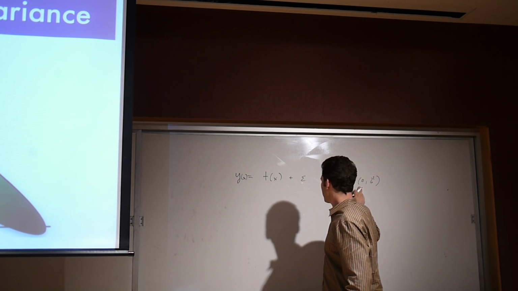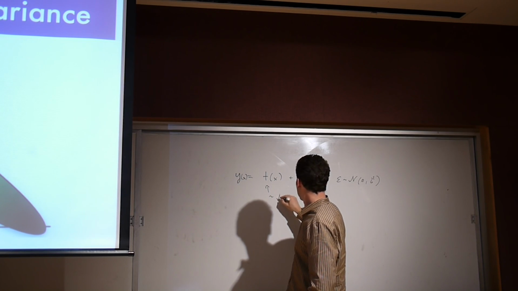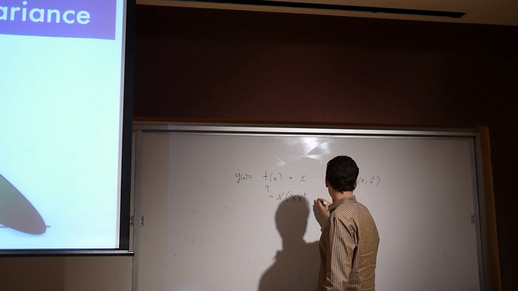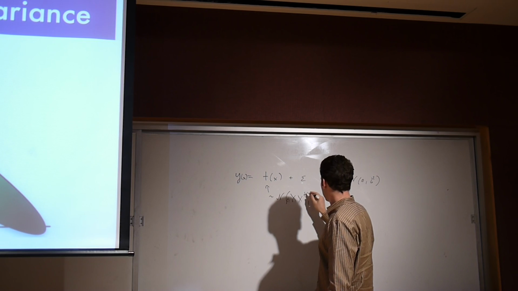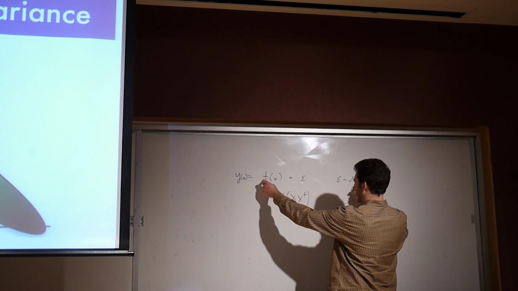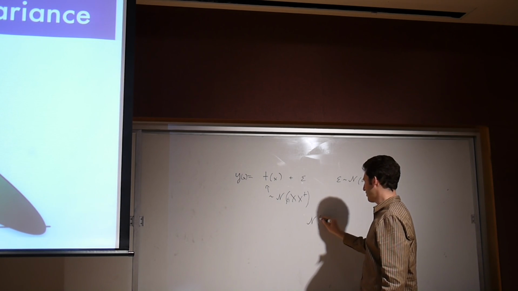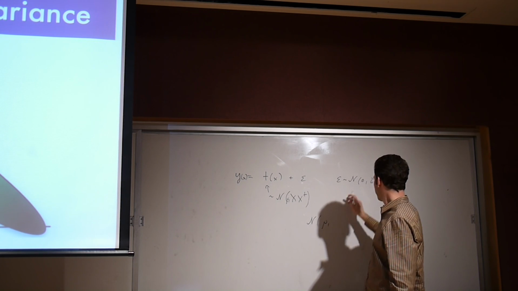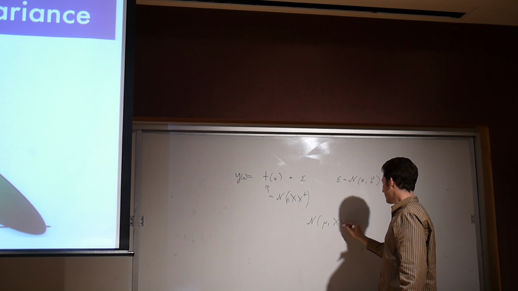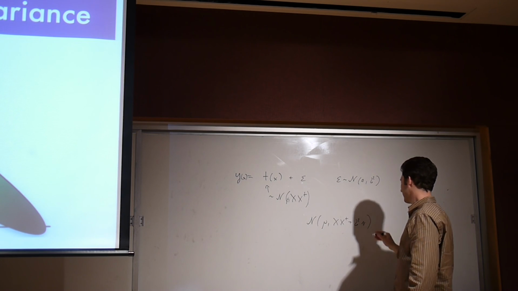Now the mean here is 0, and remember, this was drawn from a normal distribution with x transposed and some mean mu. So the sum of those 2 random variables is going to be drawn from a normal distribution with mean mu, since 0 plus mu is mu, and covariance x transposed plus sigma squared times the identity.